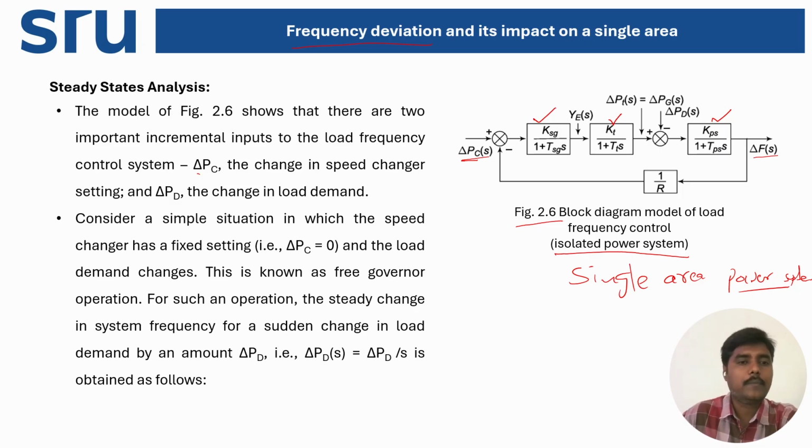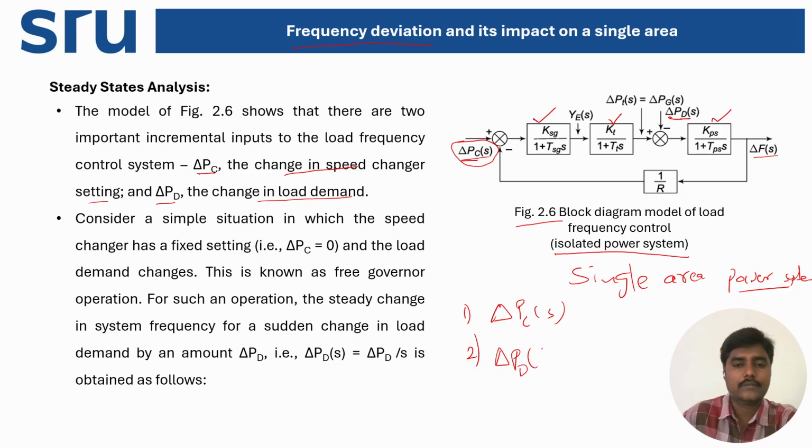One is delta Pc and another one is delta Pd, where delta Pc is called the change in speed changer setting and delta Pd is called the change in load demand. As you can observe in the complete block diagram, delta Pc of S is the first input, let's say.